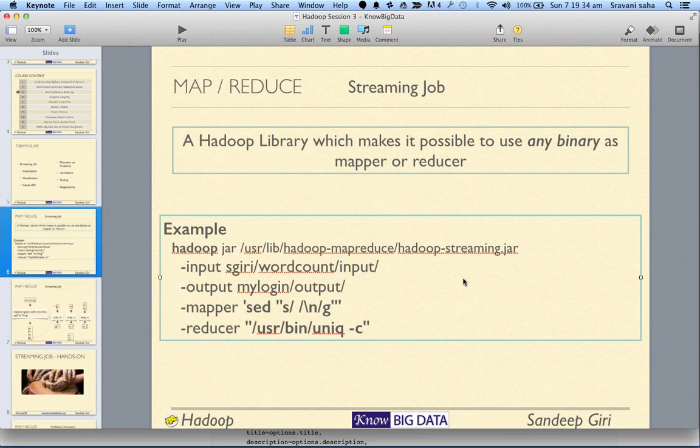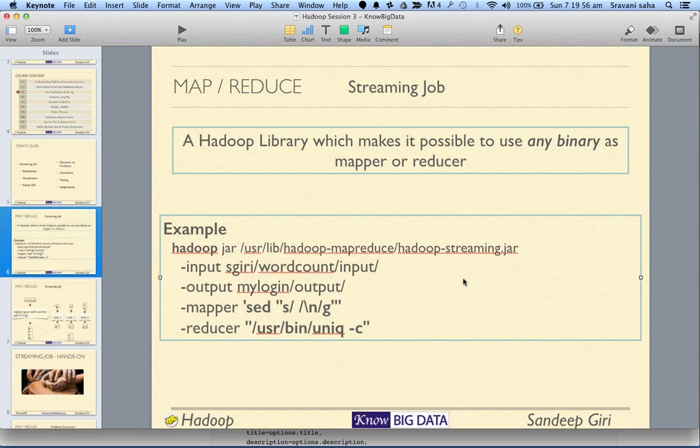What Hadoop streaming does is it takes an input file as well as mappers. Mappers can be anything, and that is the beauty of it: you do not need to code.